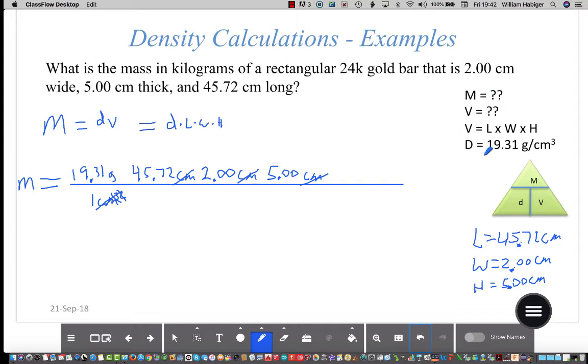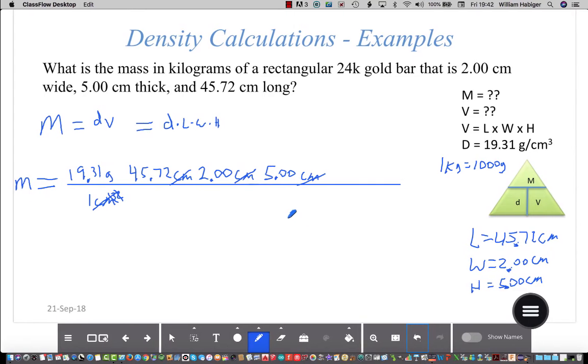So that means we have to go to our conversion table, specifically the metric side, and we find that 1 kilogram is equal to 1,000 grams. So now we have to figure out where to put the kilogram and where to put the 1,000 grams. Dimensional analysis tells us that the unit tells us where to put the numbers.